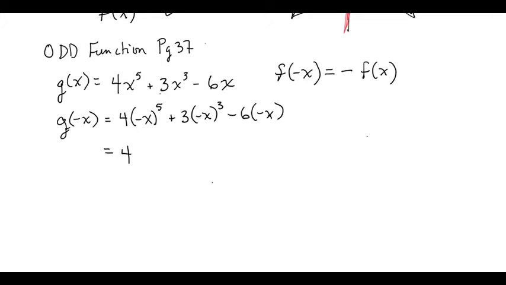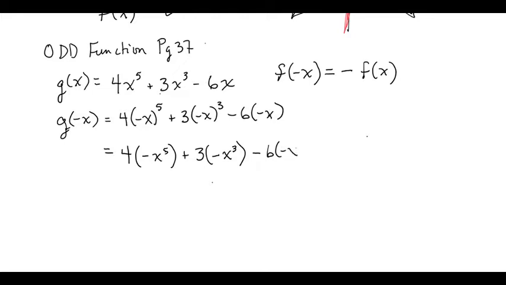If we multiply a negative x by itself 5 times, or an odd number of times, the result is a negative answer. So it's going to result in negative x to the 5th. Likewise, multiplying a negative x 3 times, a negative x times a negative x times a negative x is a negative x cubed.